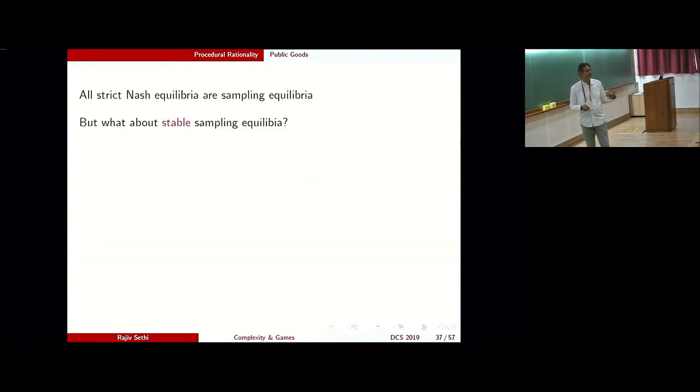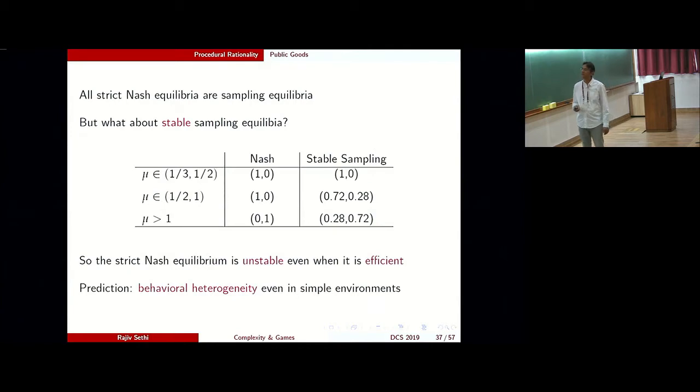All right, what about sampling equilibrium? So this is what I want to try to show you. Sampling equilibrium, especially if you use the stability refinement, gives you something very different from Nash. Okay, so here are three cases. So if mu is between 1/3 and 1/2, here you have the Nash equilibrium, and this is a probability distribution. So probability of non-contribution is 1, probability of contribution is 0.